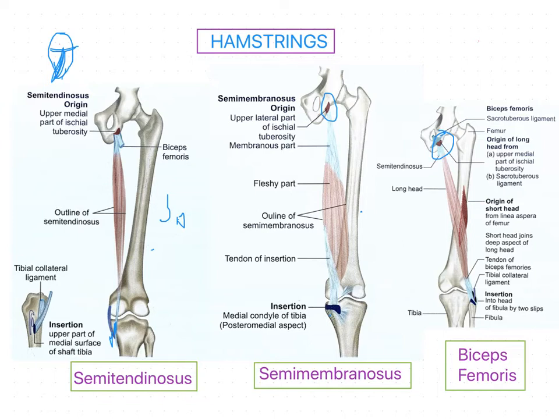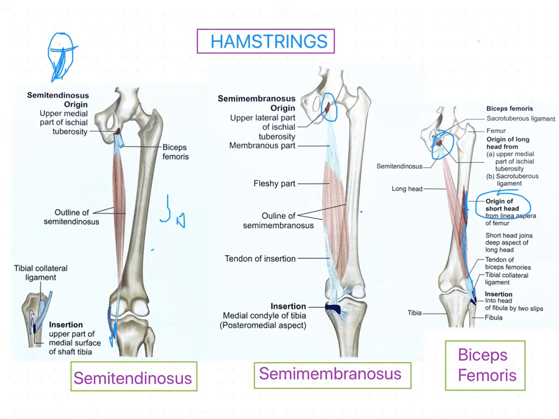And the short head of biceps originates from the linea aspera of the femur. So both these heads end in a common tendon that is attached to the head of the fibula.